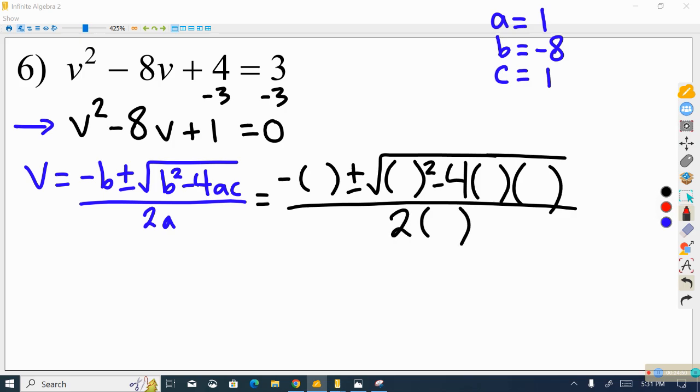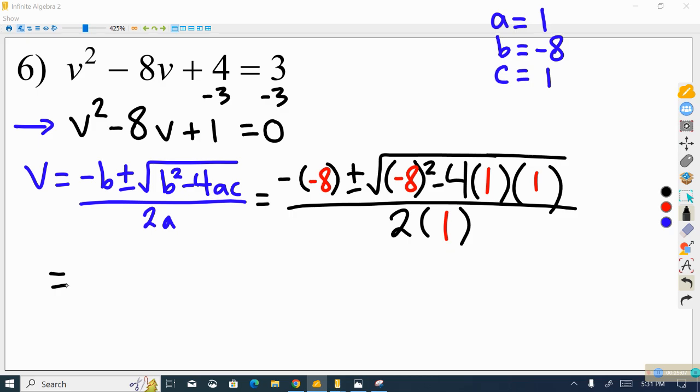And there we go. All right, b is equal to negative 8, so we plug in negative 8 to both of those places for b. A is equal to 1, c is equal to 1, and since a is equal to 1, that's what we put in those locations. So now we finish this up.